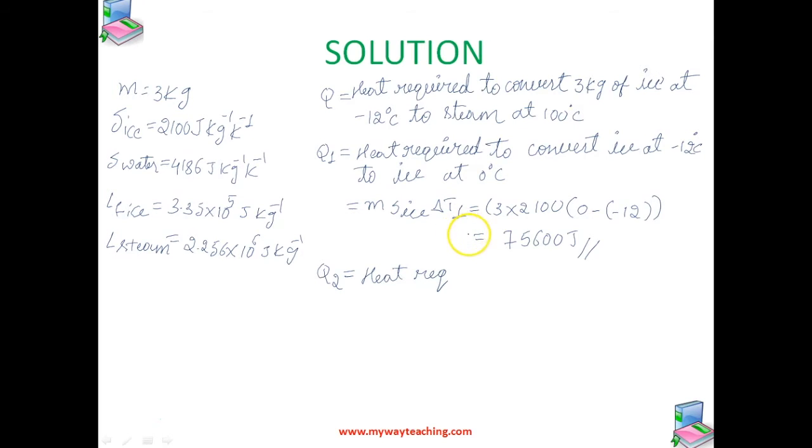Now we should find Q2, that is the heat required to melt ice at 0 degrees Celsius to water at 0 degrees Celsius. Okay, so that is given by M times latent heat of ice.